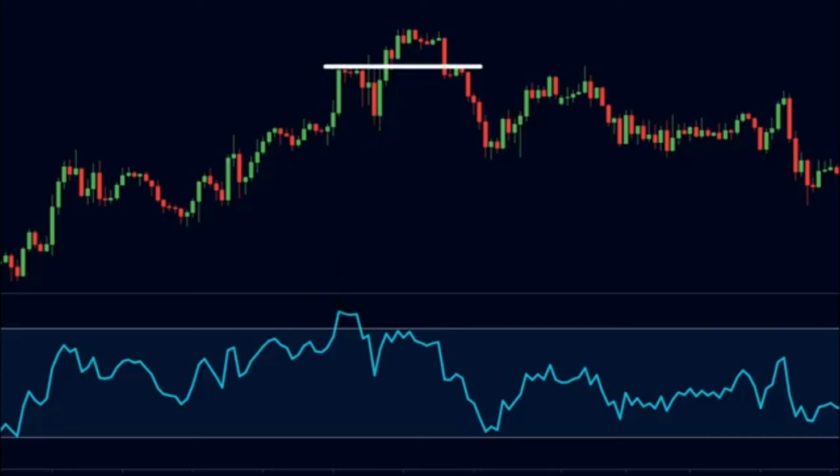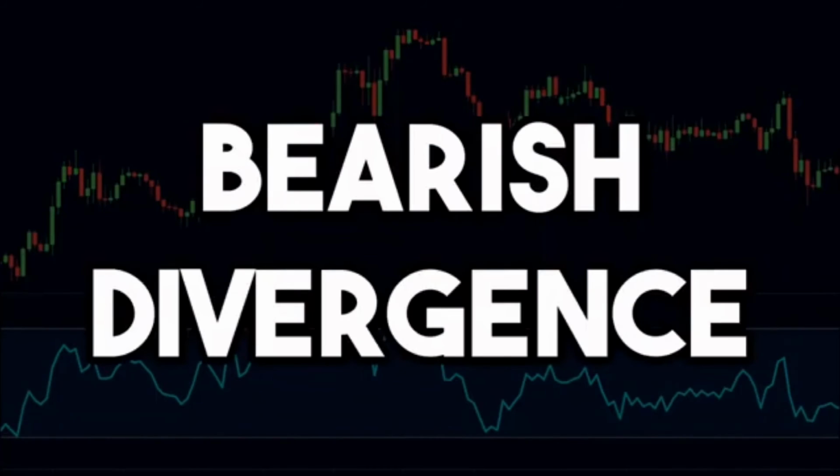Then we see that the price breaks above the previous high and creates a higher high. But the RSI does not break the previous swing point. Therefore, it creates a lower high. So, the price has made a higher high, but the RSI has made a lower high. This is a bearish divergence.